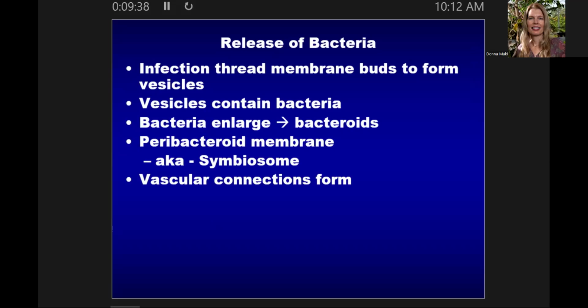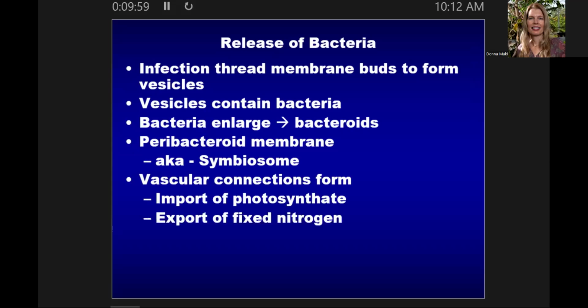The sugars will come via the phloem of the vascular tissue to the bacteria. The bacteria will get that ammonia through the vascular tissue to the plant. So it's like an internal highway system. The nutrient flow can go back and forth between the plant and the bacteria.